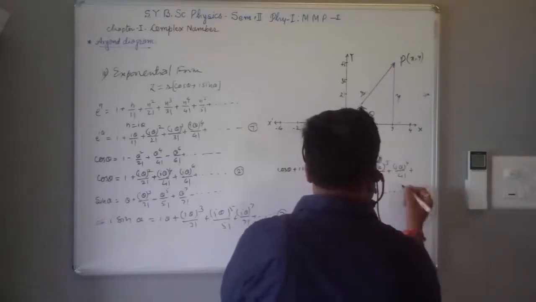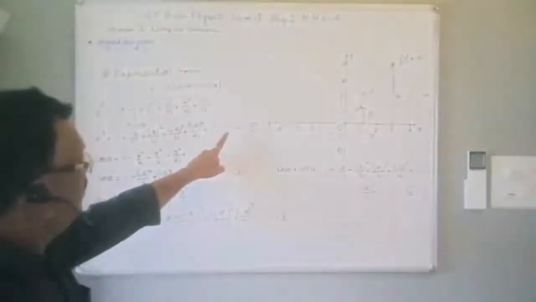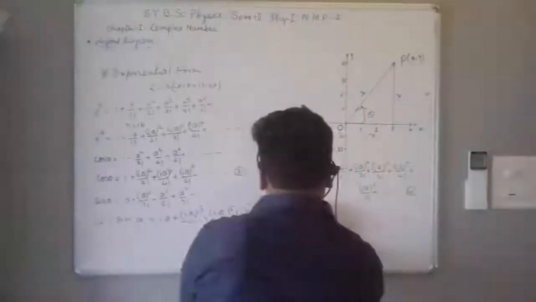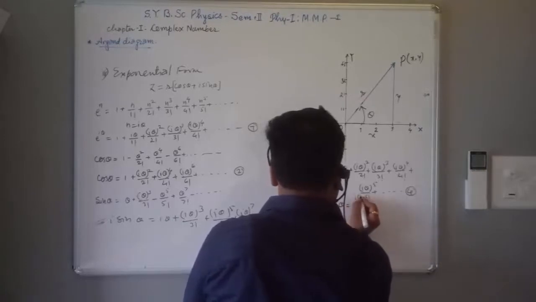Suppose this is equation 4. If we compare equation 1 and 4, it is found that cos theta plus i sin theta is equal to e raised to i theta.